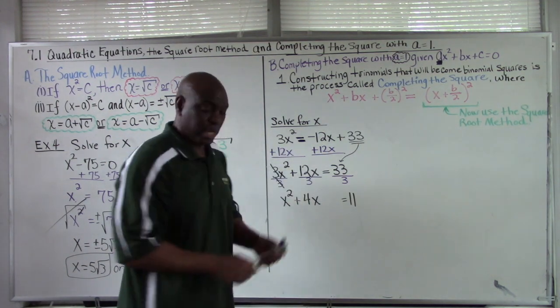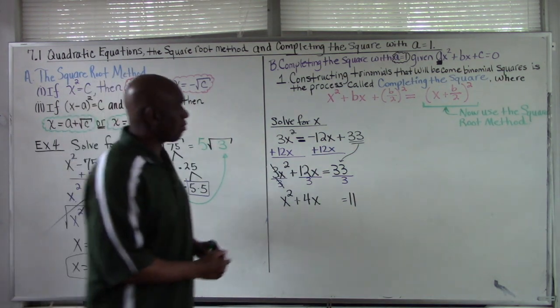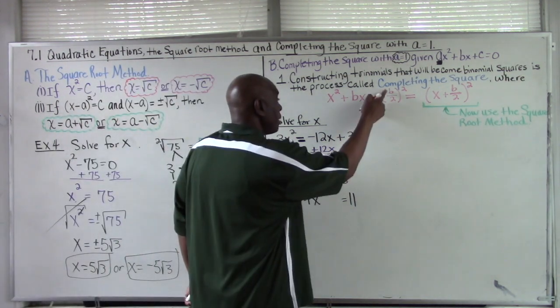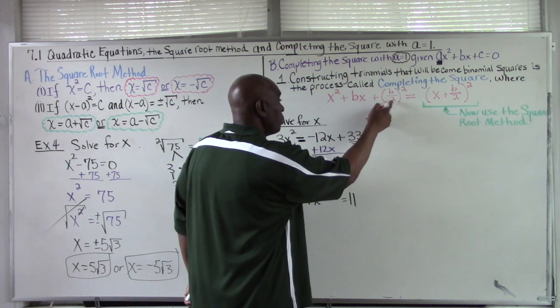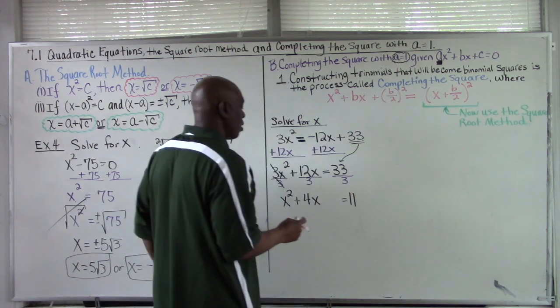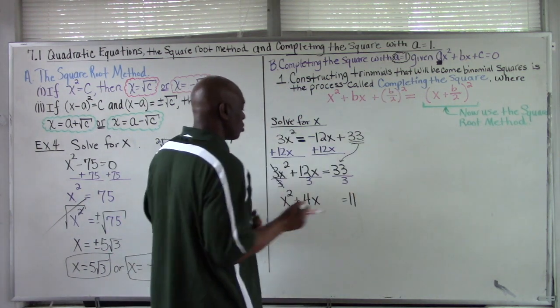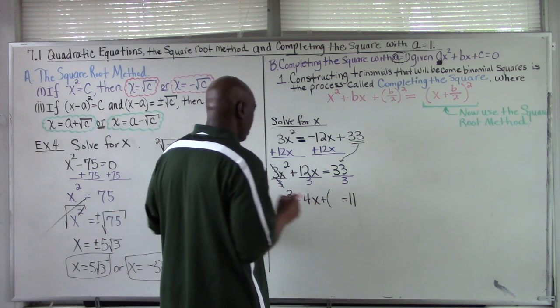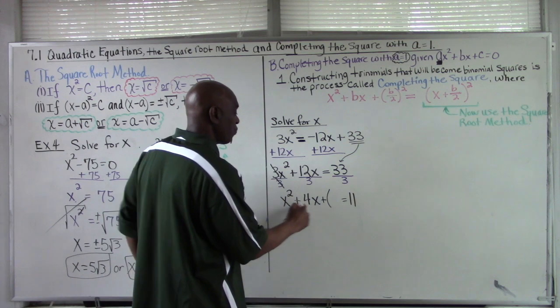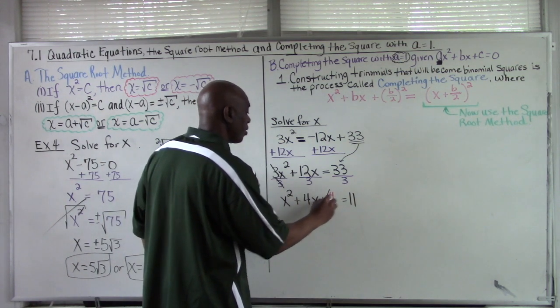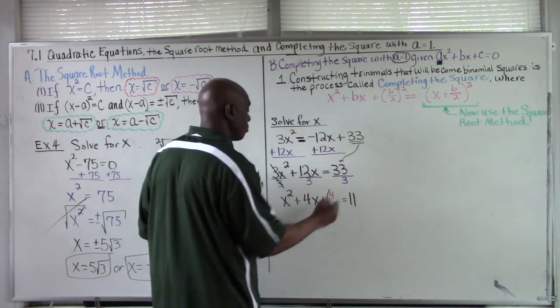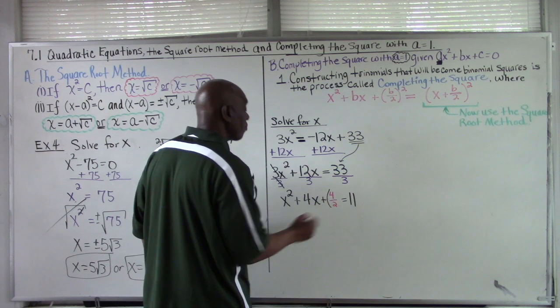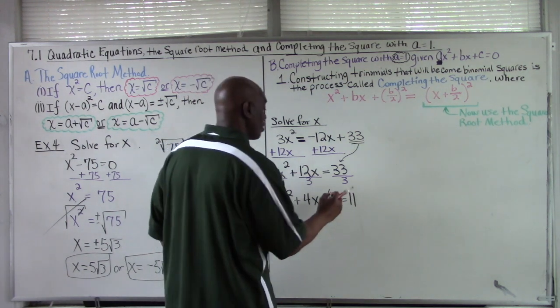I'm going to write it in red. Well, I must take b divided by 2 and square it. Okay. So plus, here we go. Take b, which is 4, divided by 2, and then square it.